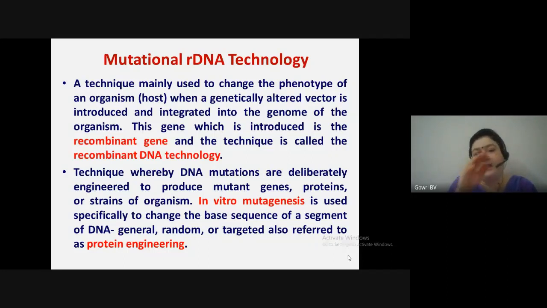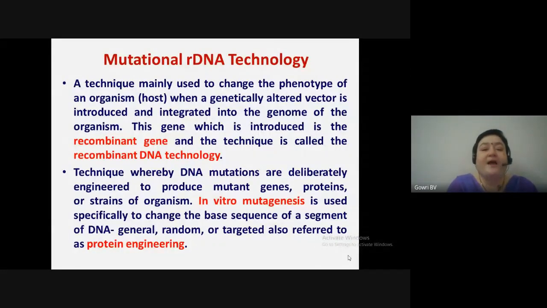We will go again with mutational rDNA technology, a technique mainly used to change the phenotype of an organism when a genetically altered vector is introduced and integrated into the genome of the organism. This gene, which is introduced, is the recombinant gene, and the technique is called recombinant DNA technology.